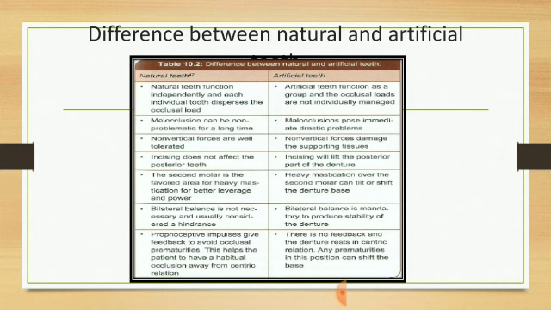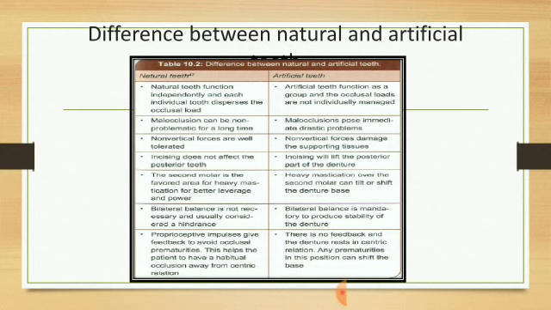Whereas in artificial teeth, we don't have any periodontal ligament because the patient has lost his or her natural teeth totally. Natural teeth function independently and each individual tooth disperses the occlusal load because of the periodontal ligament, whereas that is not the case in artificial teeth.